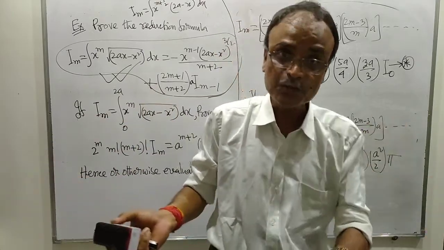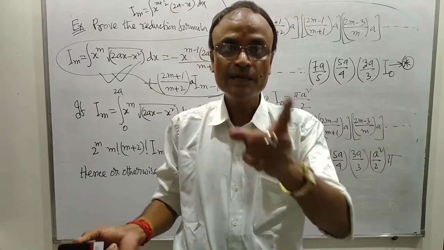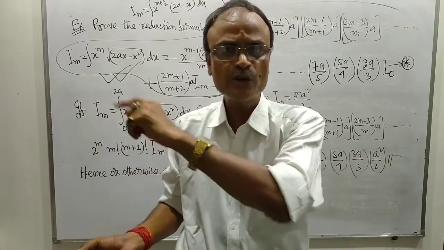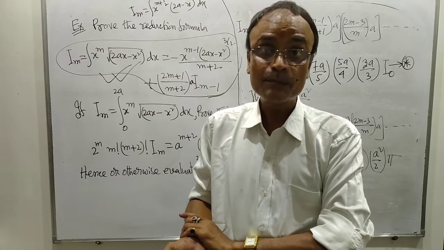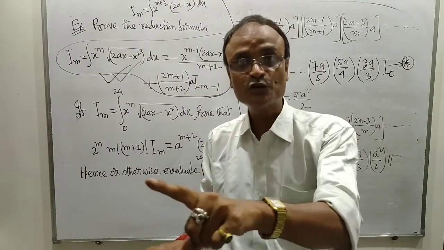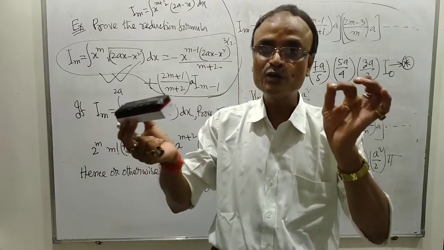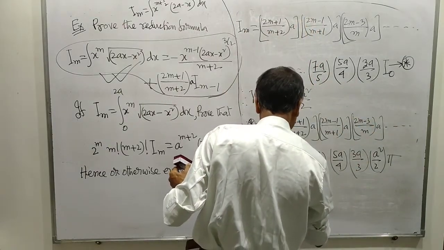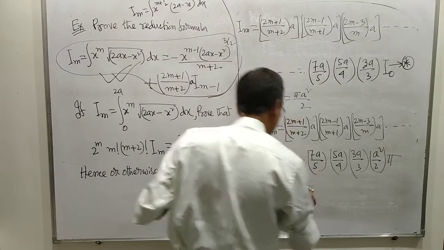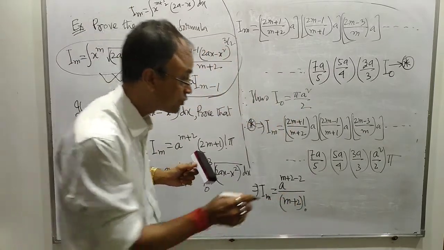If it starts from 3, 3, 4, 5, 6 up to m plus 2, then number of terms will be m plus 2 minus 2. This will be equal to m. A to the power m plus 2 minus 2.